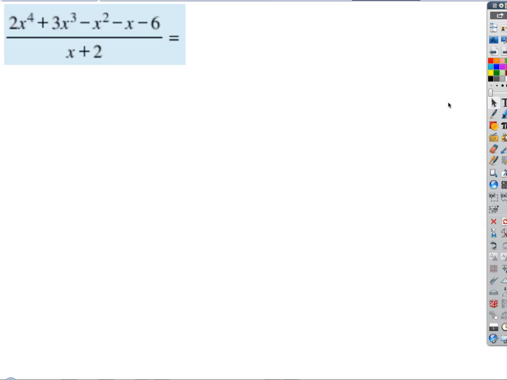Remember, that was supposed to be an 8, okay? So we'll make our synthetic bracket. We'll do the one like they do in the textbook, how about? So we'll do this one.